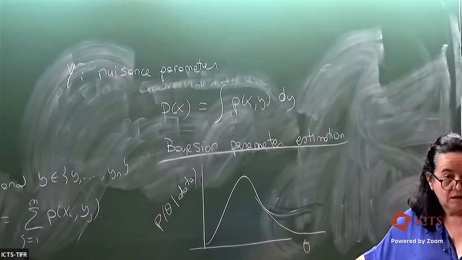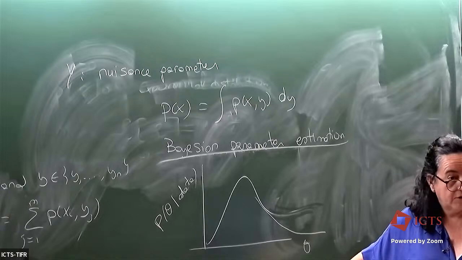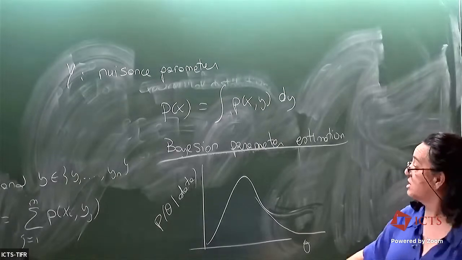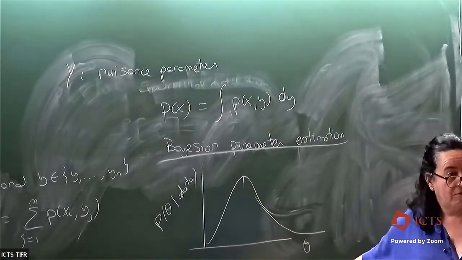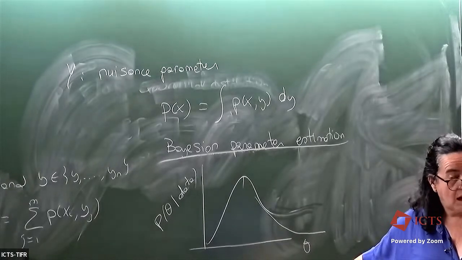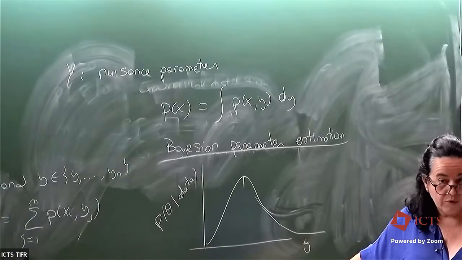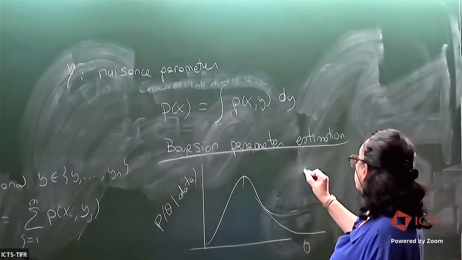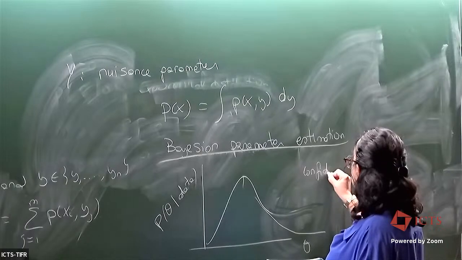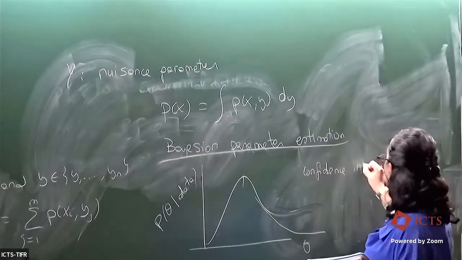And from here, I can extract a lot of information. I could extract the most probable value of this distribution. I could compute the mean, or I could compute things like confidence intervals.